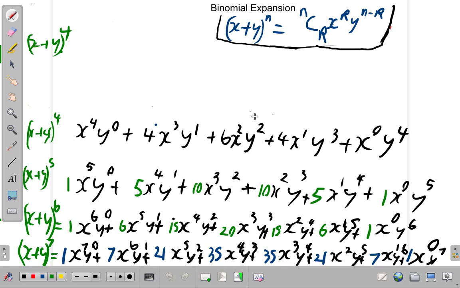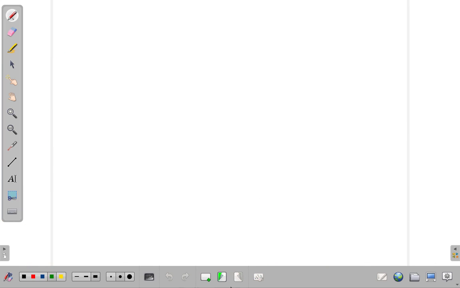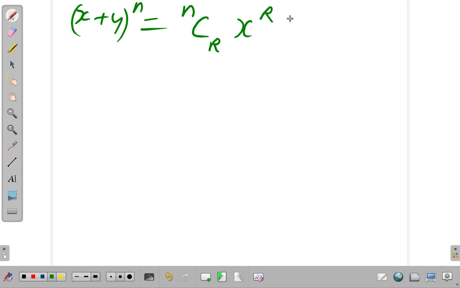Here, on the new page, I'm going to write x plus y to the n equals. So the formula is x plus y to the n equals, it's nCr x to the r y to the n minus r.